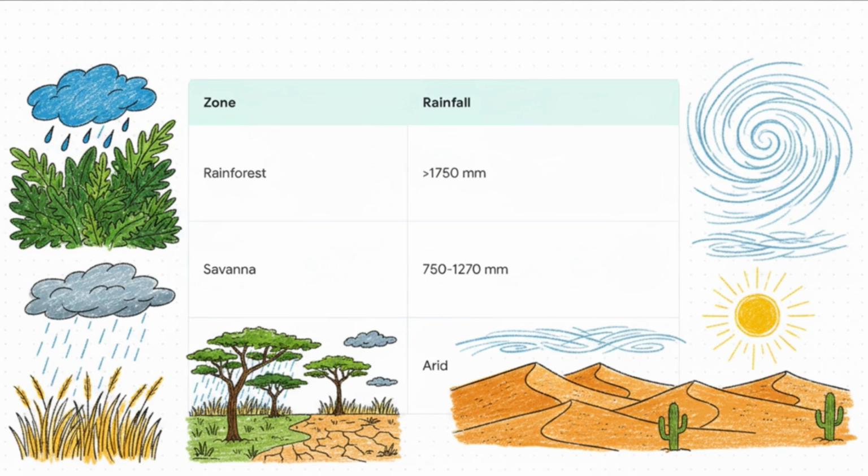Contrast that with the tropical savanna. It gets less total rain, between 750 and 1,270 millimeters, but more importantly, it experiences severe, distinct wet and dry seasons. Finally, deserts form where precipitation is virtually absent altogether, often trapped under descending, dry, subtropical ridges of air.